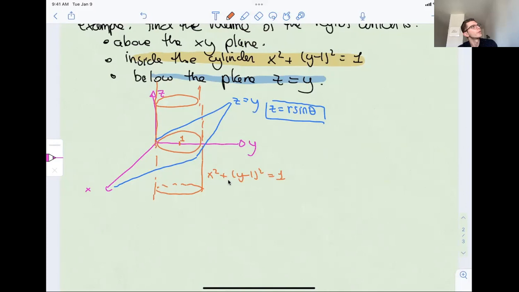Now this one is a little more interesting, because there's no z involved, so you write this in terms of polar coordinates. How would you rewrite this in polar coordinates? One thing you can do is expand out the expression.